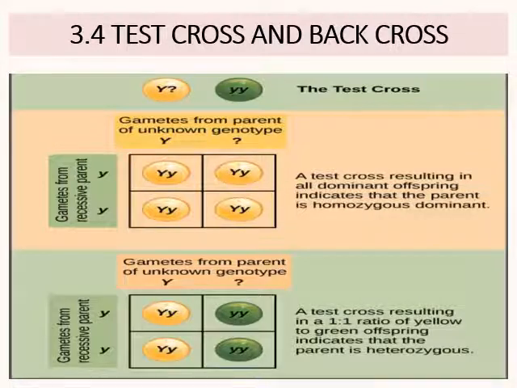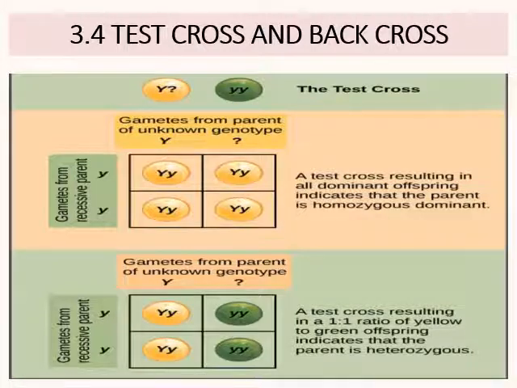For this purpose, when these plants are crossed with a recessive parent, the parent should be recessive in test cross. When all the plants obtained show yellow seeds, then it is a homozygous dominant parent.